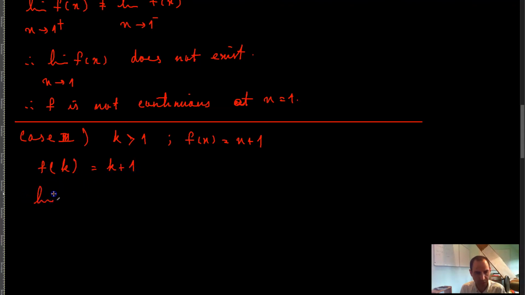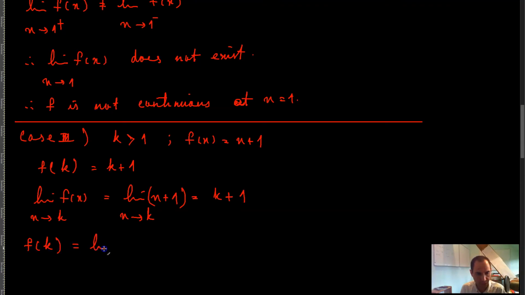And the limit of f of x as x tends to k would be equal to the limit of x plus 1 as x tends to k, which is equal to k plus 1.